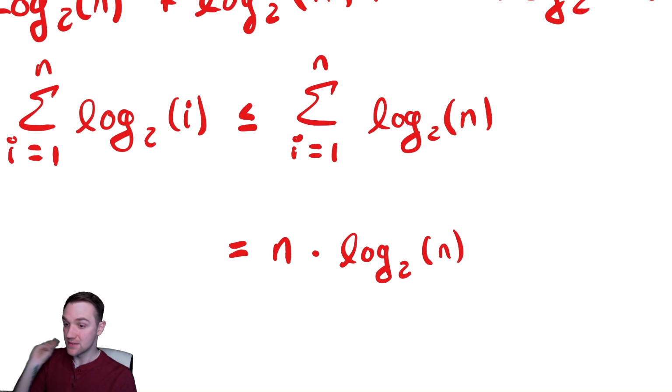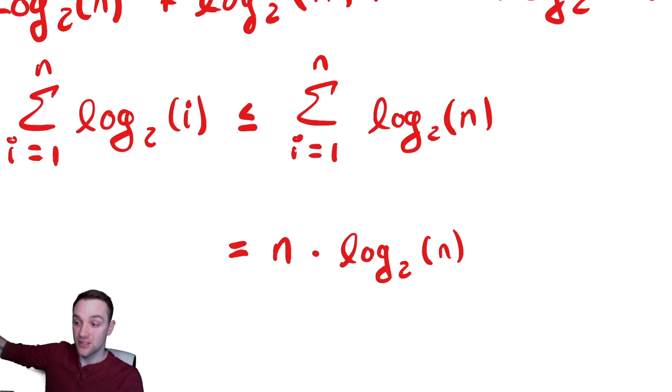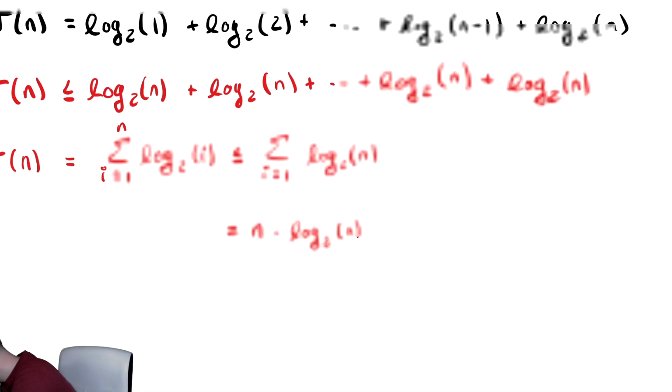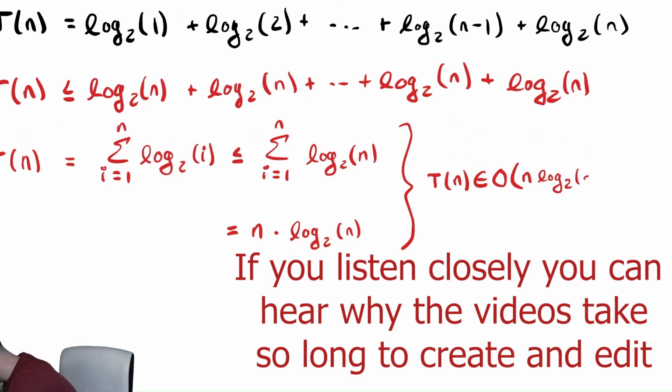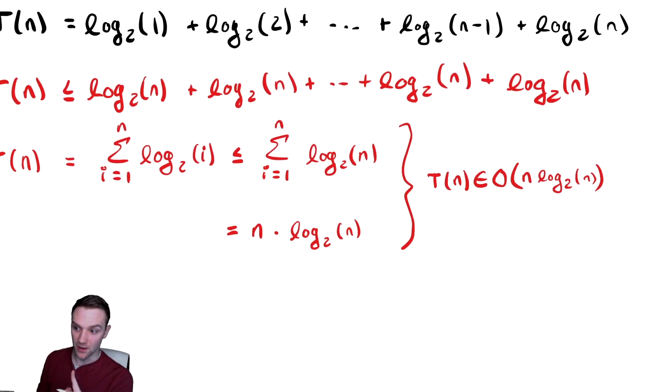It's a number times n times log base 2 of n, 1 times n log base 2 of n. So, this work I have done here shows that T of n is in big O of n log base 2 of n. The question now becomes, can I match this as a lower bound?